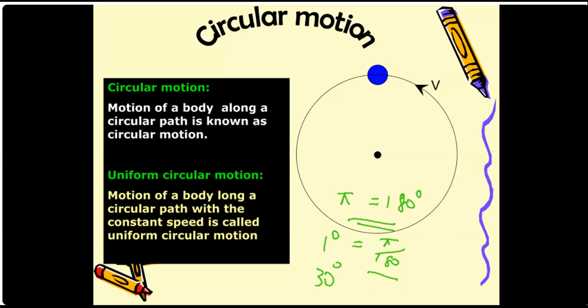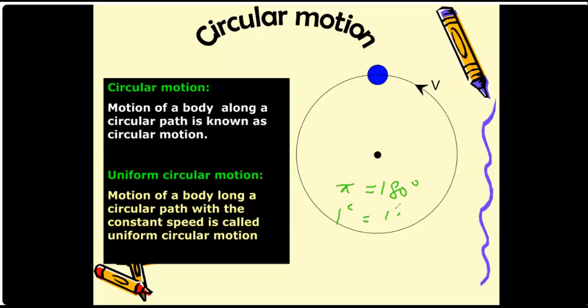Similarly, from that same relationship, pi radians equals 180 degrees, so 1 radian is equal to 180 over pi degrees. So if you want to know how much is 2 radians, 3 radians, and so on, you just multiply.